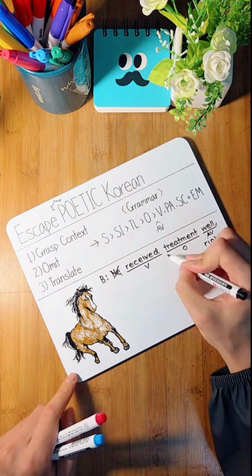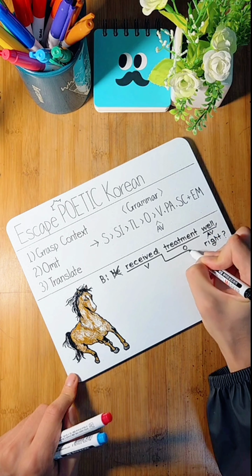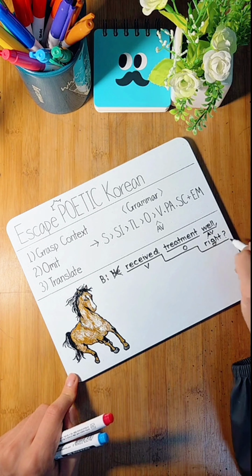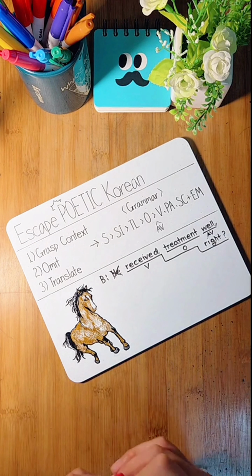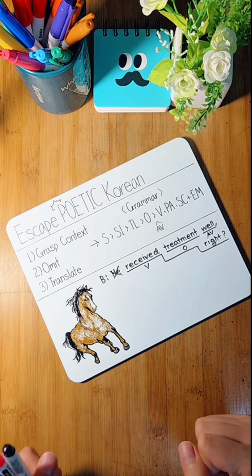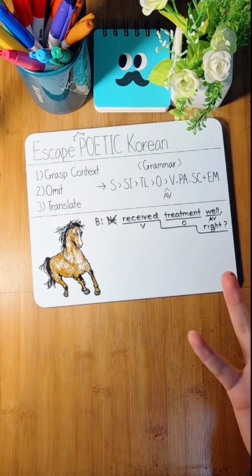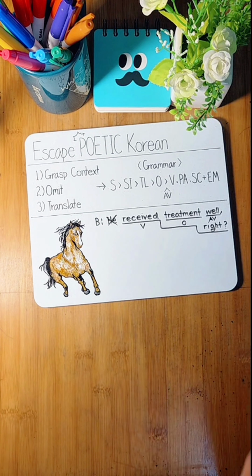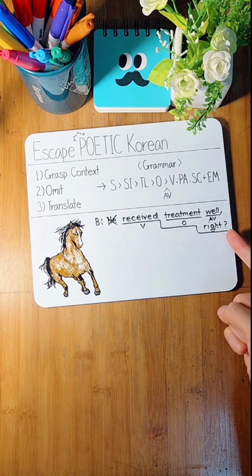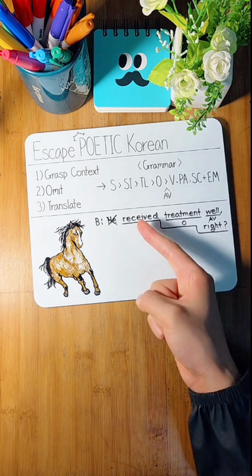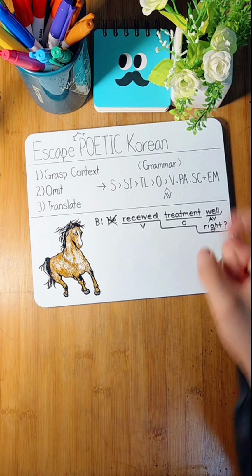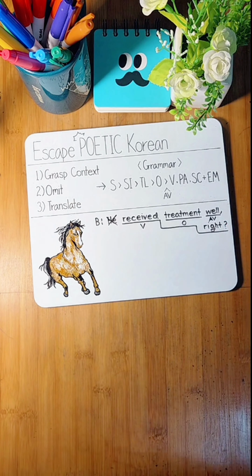And of course, we're going to give the verb received the right ending. So when would you say right at the end of a sentence? Yes, when you are asking a question. However, when you're simply looking for confirmation for information that you think you already have, we can do that by giving the verb or an adjective or whatever word is ending the sentence an ending, right?